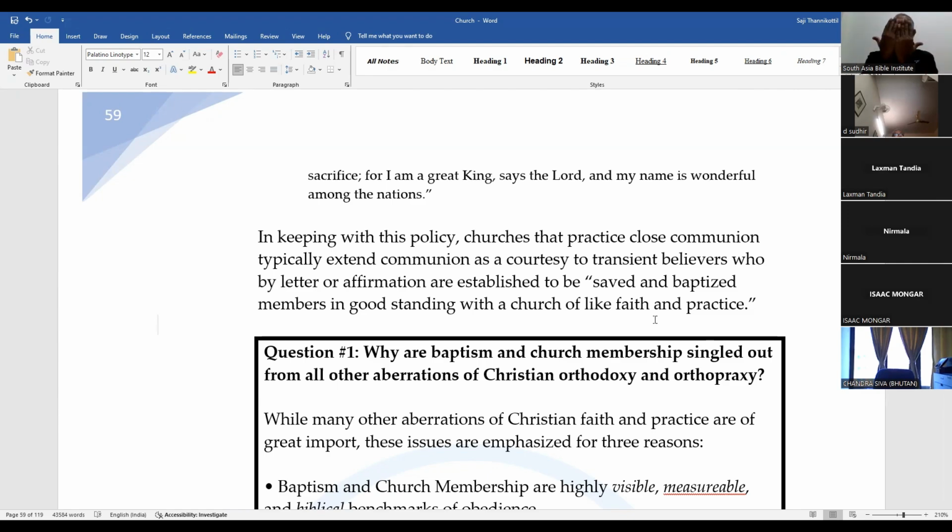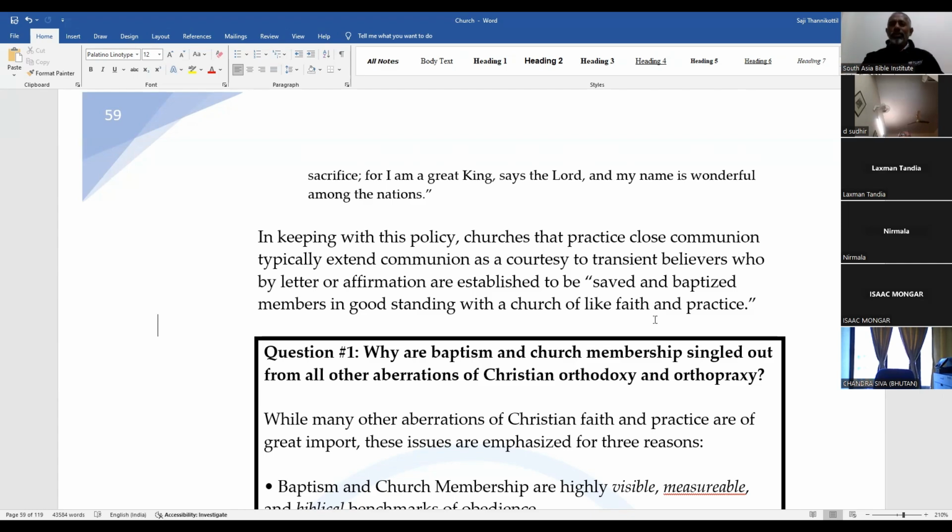The door is closed. It means the Lord's table, communion, is not served to anyone who is not part of that church. Period. Any pastor comes, any evangelist comes, communion will not be served. All right? That's closed communion.